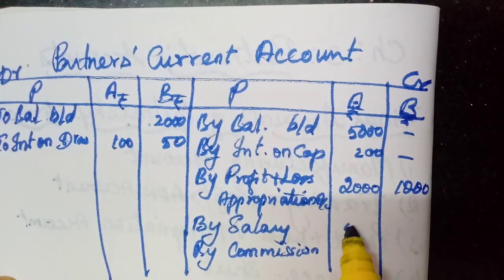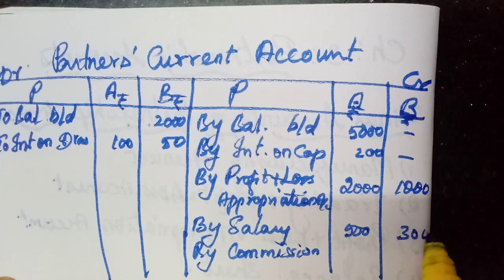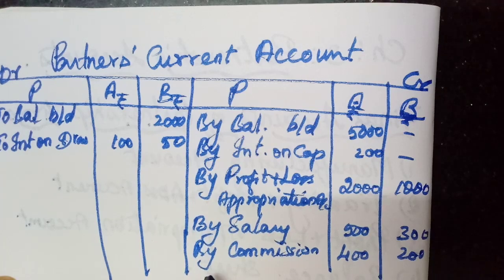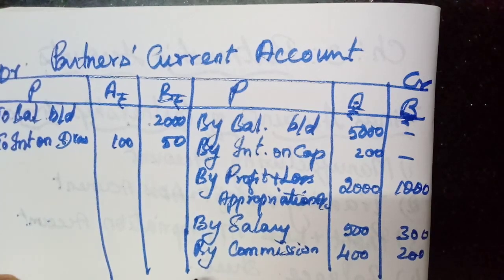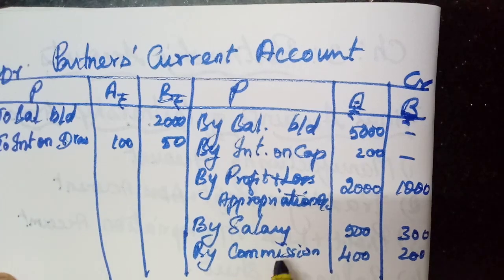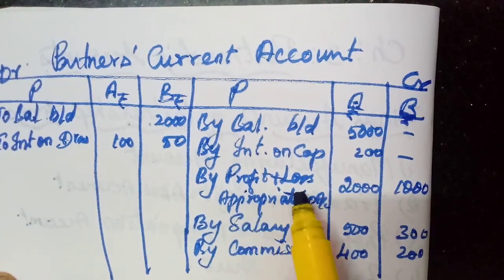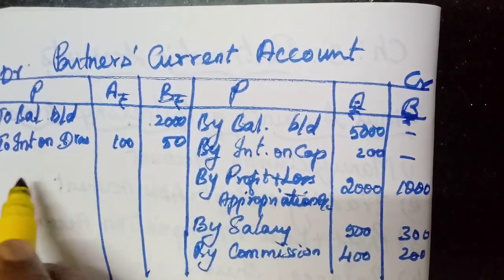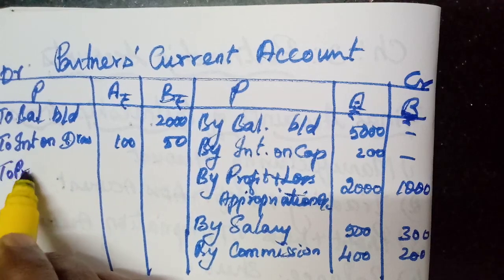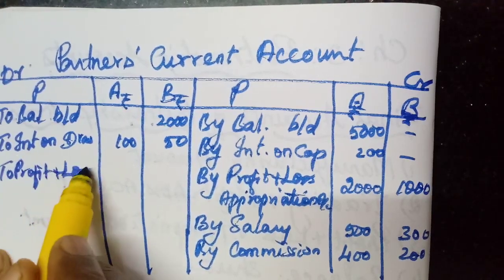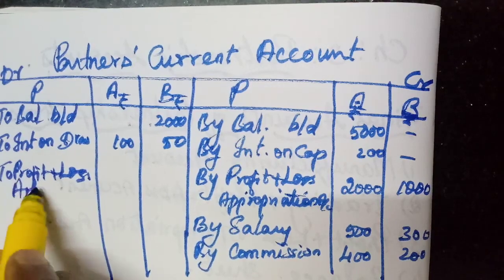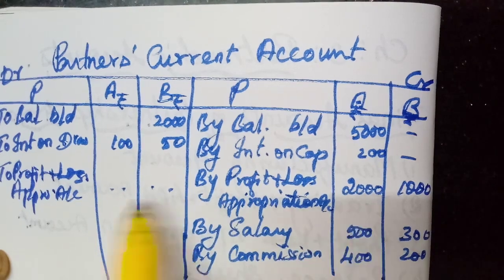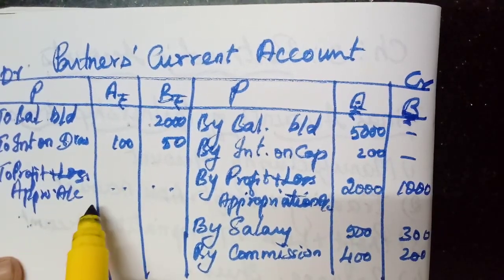Here salary 500, 300, commission 400, 200, whatever it is. If it is profit, we will give credit in this current account. If it is loss, what we should do? To profit and loss appropriation account, we have to write here. Understand? Either profit or loss only we will get. That's why I am not writing the loss here.